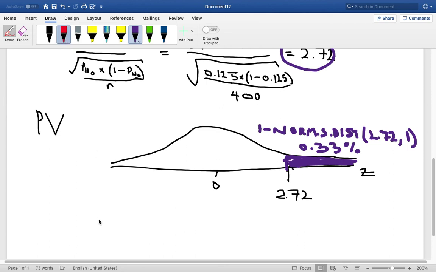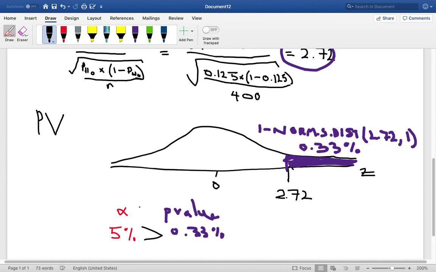Well, in this particular case, we have alpha, and alpha is 5%. We have the p-value, and the p-value is 0.33%. So clearly here, alpha is greater than the p-value. And if you look back at the results I told you before, that implies that we should reject H0.